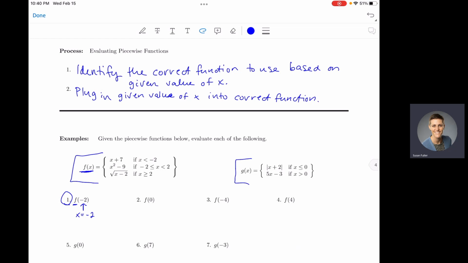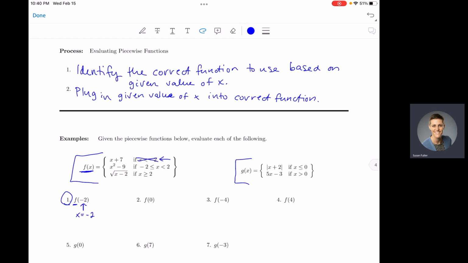So if our x value is -2, we're going to come to these domain sections and figure out which of these domain sections x equals -2 makes true. If we look at our first one here, if x is -2, is -2 less than -2?